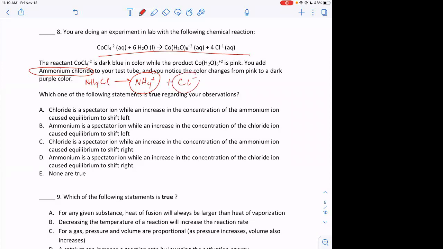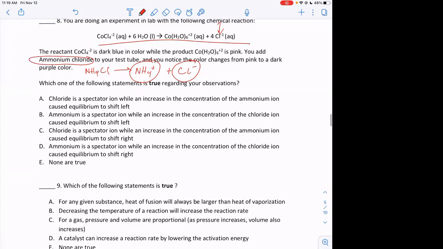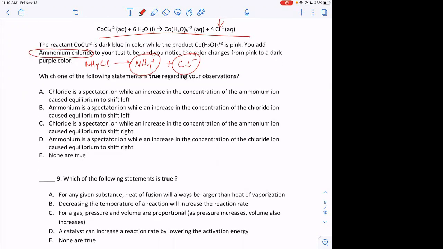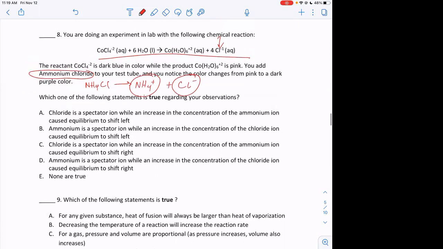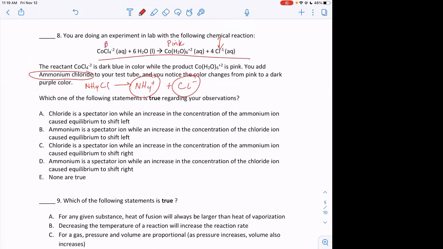Okay, chloride ions. Do I have those anywhere in my reaction? Yes, I do. They're right here. They're a product. So we've got to find the one where it says ammonium is a spectator ion. Chloride can shift equilibrium. And if you increase the concentration of a product, you saw it turn from pink to blue. Okay, because you can label it. This one was pink. Product side was pink. Reactant side was blue.